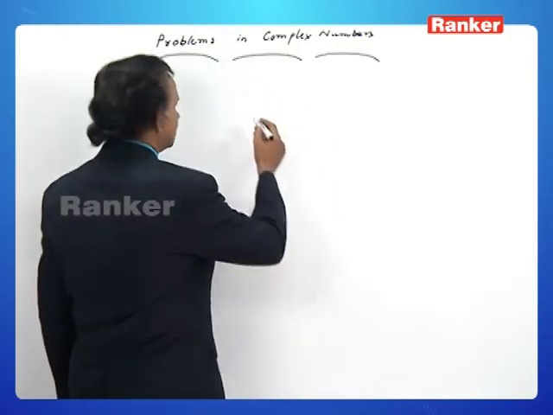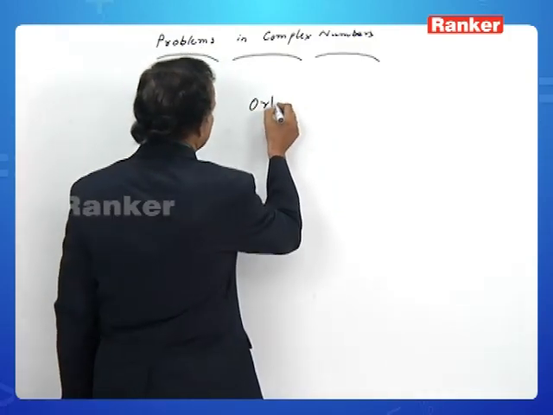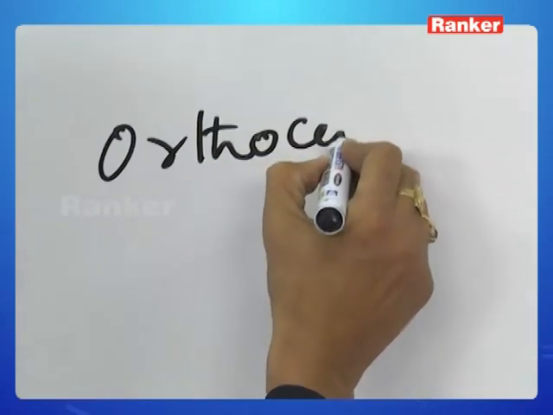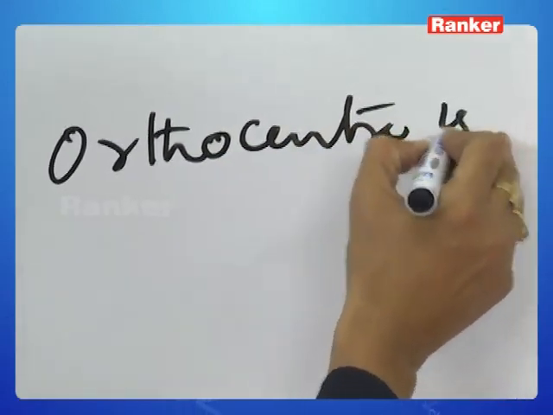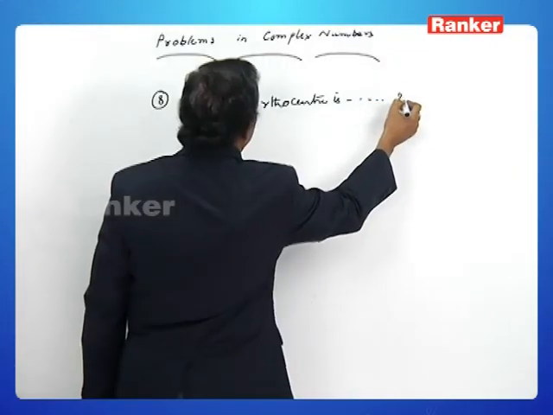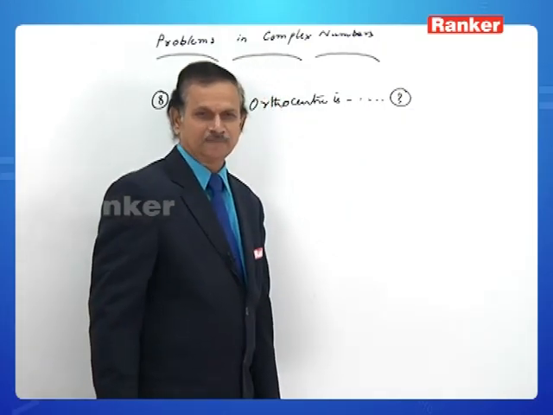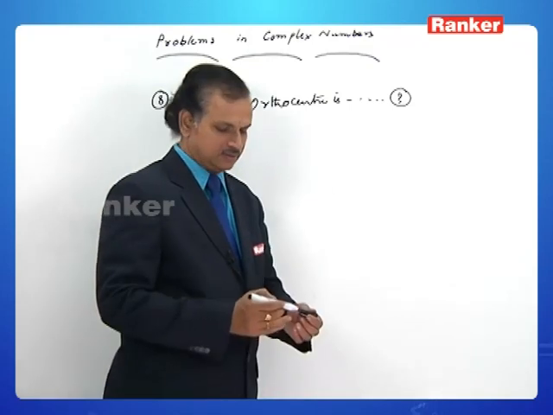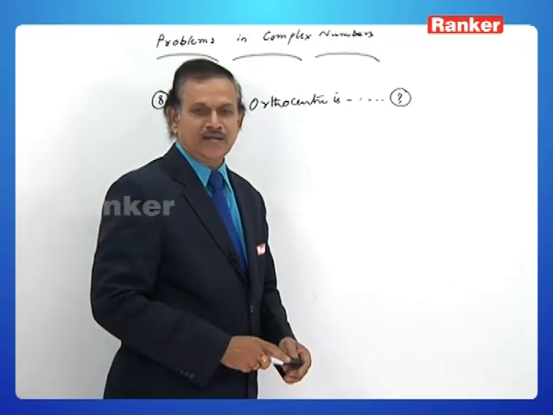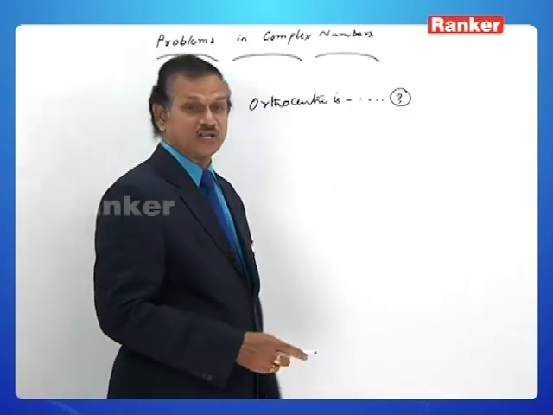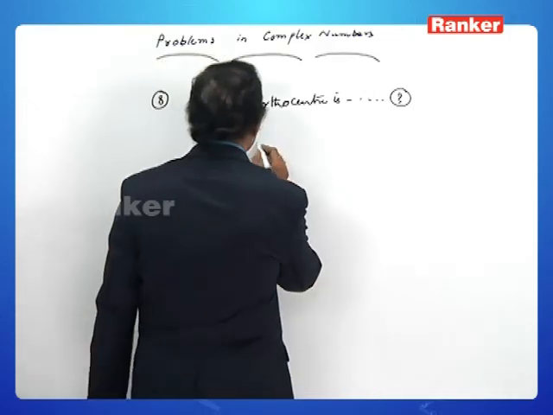Here orthocenter is the unknown, and circumcenter is at origin.